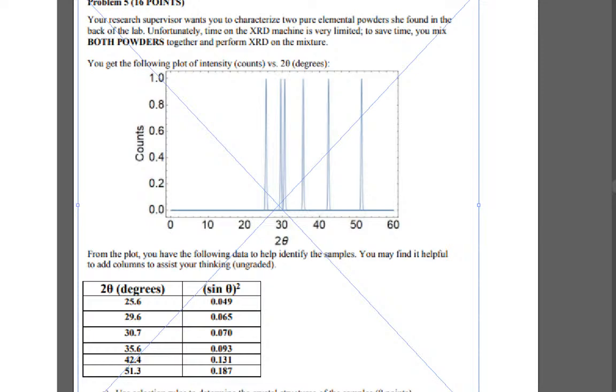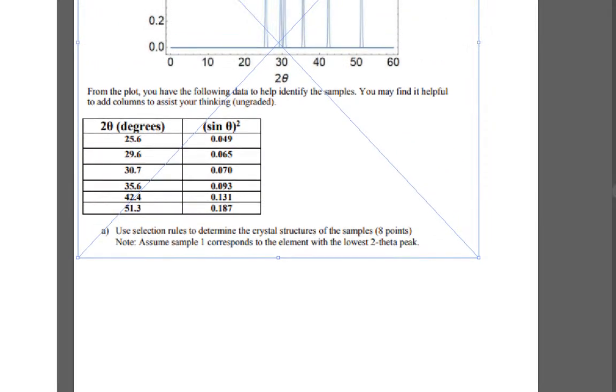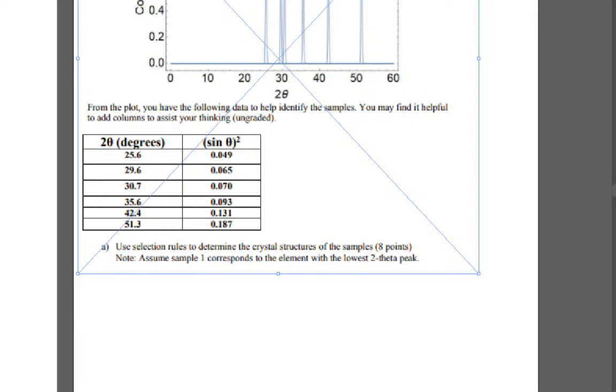Use selection rules to determine the crystal structures of the samples. Assume sample 1 corresponds to the element with the lowest 2 theta peak. Okay, this is something.